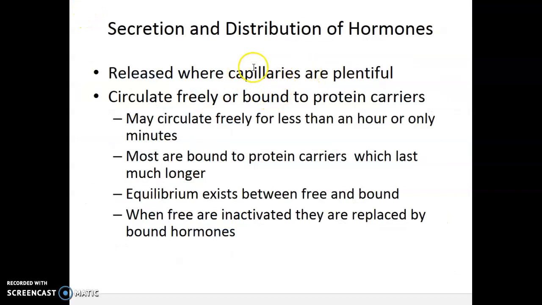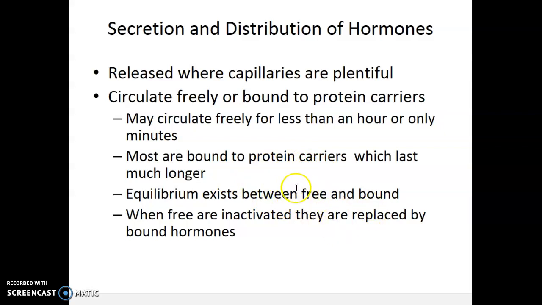Now, since hormones are most often distributed to the blood, they're going to be released where there are a lot of capillaries, so they can go into the blood or be released from capillaries to go into the tissues. Now, they can either circulate freely, which means by themselves, which means they will not circulate very long at all because they'll probably be broken down by an enzyme, or if they need to last longer, they will bind to some of those plasma proteins, which are the protein carriers, but they'll always be in equilibrium between what is bound and what is releasing.